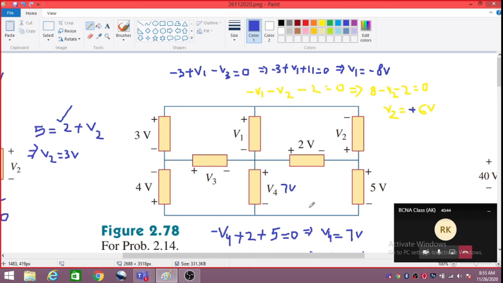Okay, can you verify the result in the bigger loop? Let us say in this loop, the bigger loop. Can you verify the results in the bigger loop? So minus 4 minus 3 and V2 is 6, it will verify it.